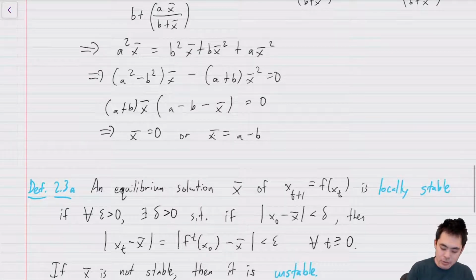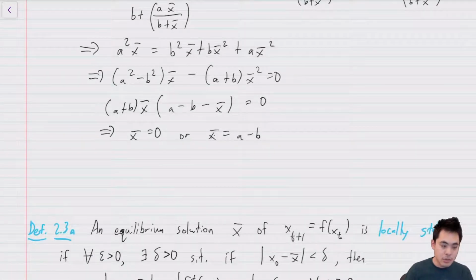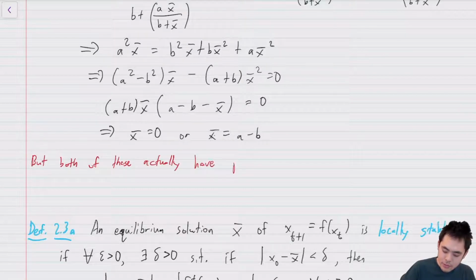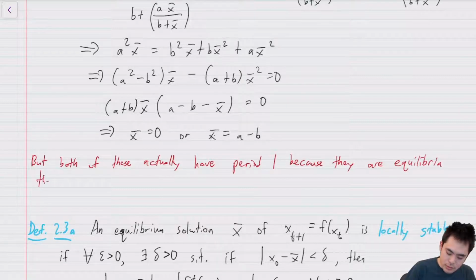And so, let me write this down. Both of these actually have period 1, because they're equilibrium solutions, equilibria that we found earlier.